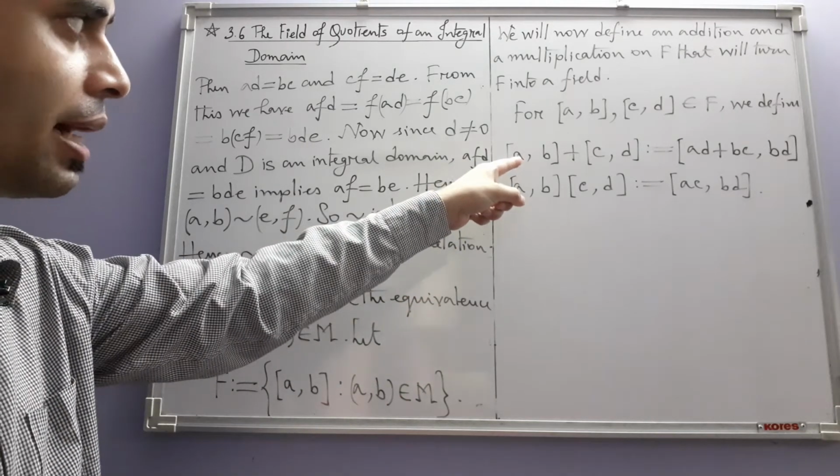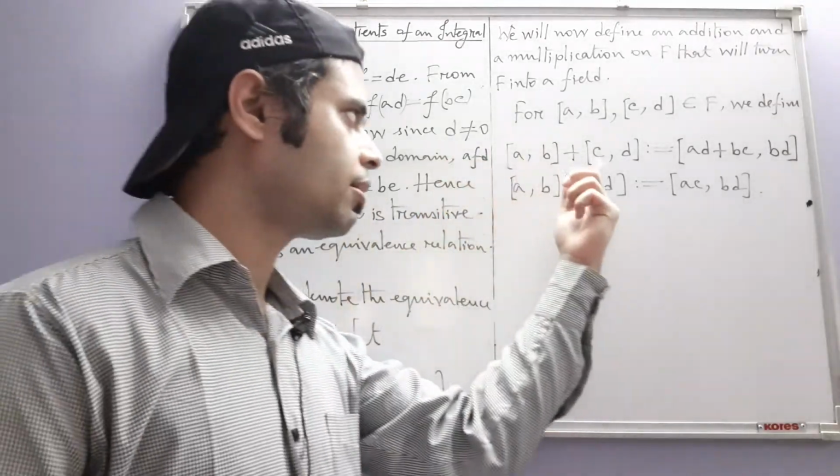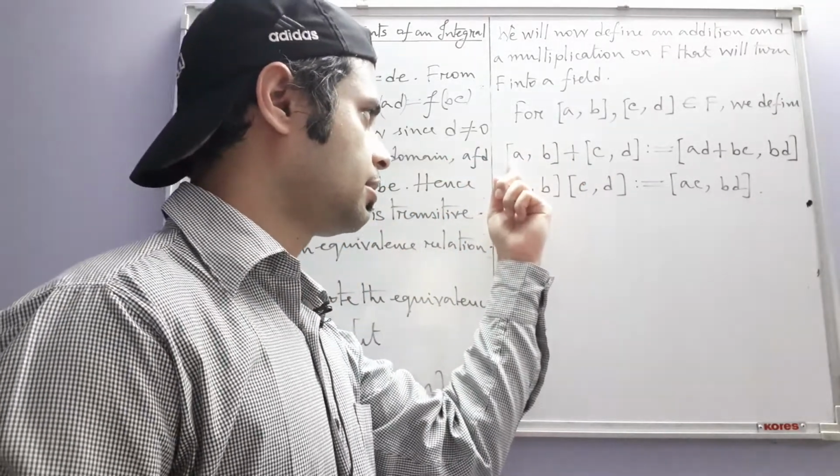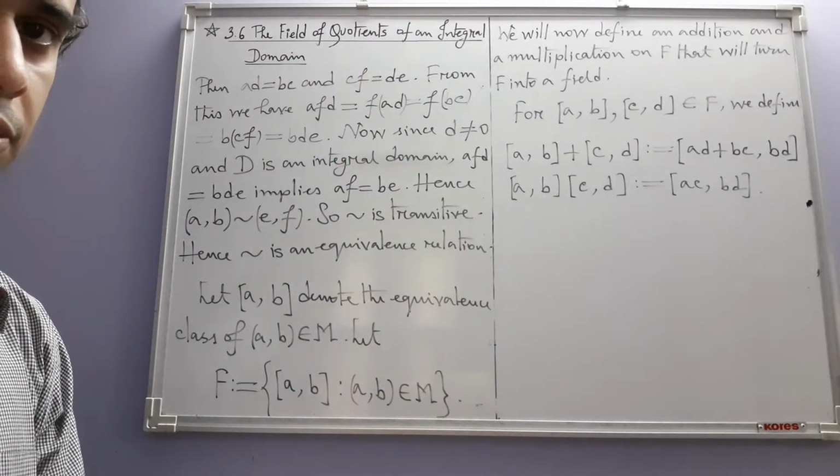But having defined these things, we have to now verify that these definitions are well defined, because you see, we are dealing with single objects, but the objects have several different representations.